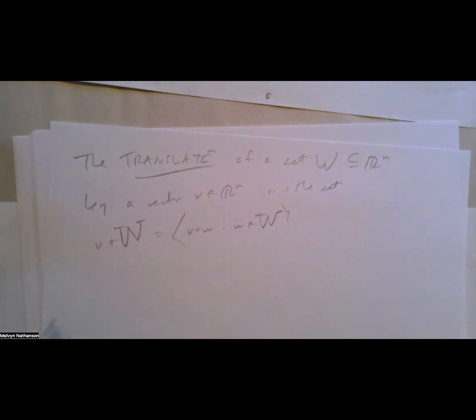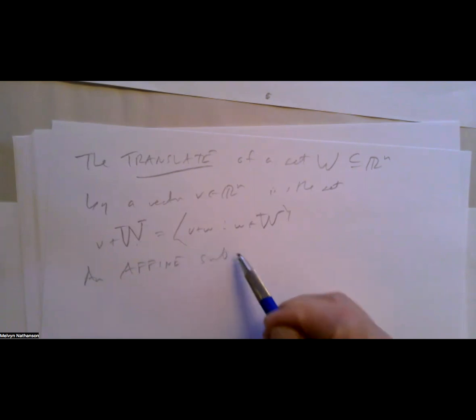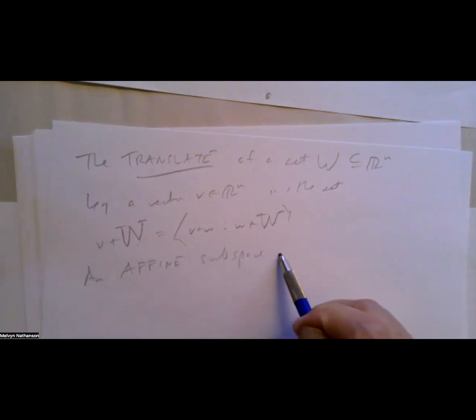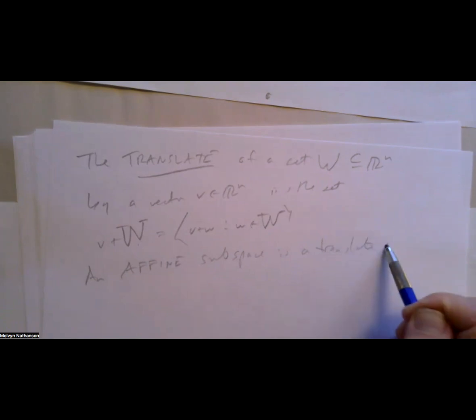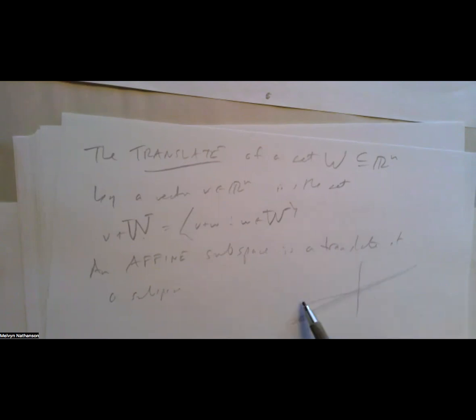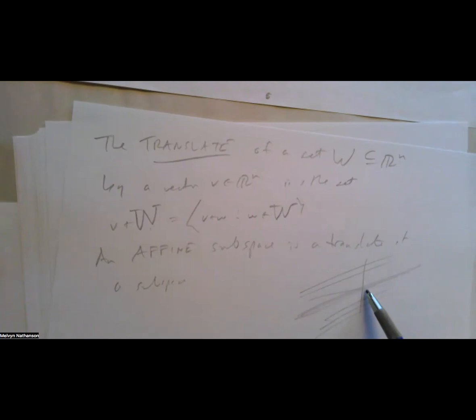And what is called an affine subspace is a translate of a subspace. So in the plane, if you take a line through the origin, that's a subspace. Any translate of that, which is any parallel line, is an example of an affine subspace.